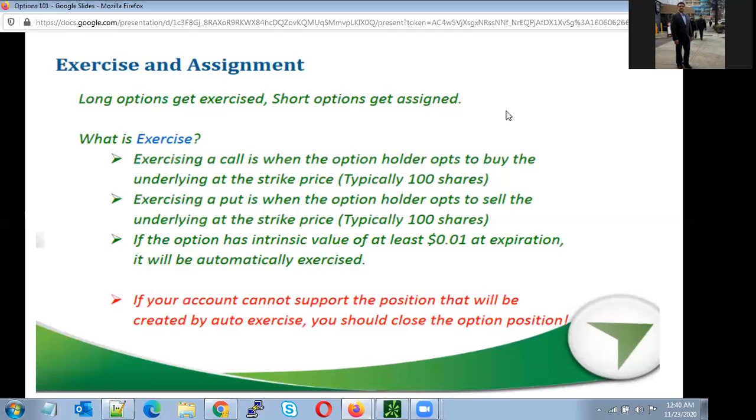Okay, so let's try to understand how a long option gets exercised. At the end of the contract, if your contract is in the money and you don't do anything, right? In an American contract, you can buy an option today and sell the same thing to somebody else tomorrow. You don't have to hold for the entire time.